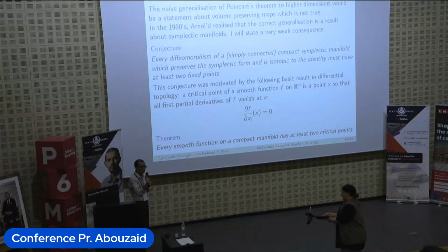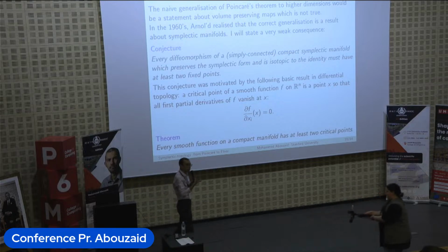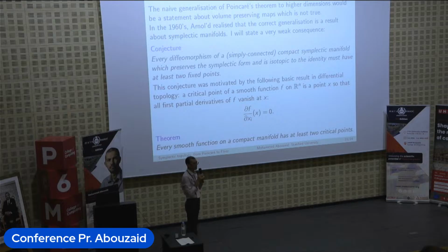The reason I'm saying we should all be able to prove it is that it's really combining 2 ideas. One idea only uses topology and the notion of continuity. It simply says, if you take a compact manifold and a continuous function on it, and every smooth function is continuous, then it must have a min and a max. That's the first thing. This is just a statement about continuous functions.